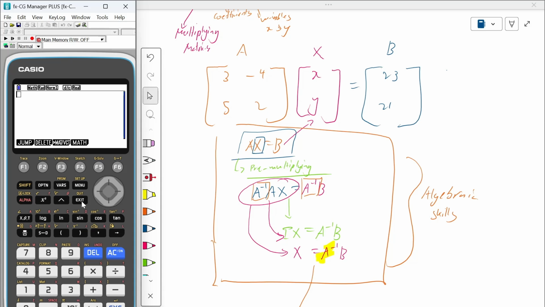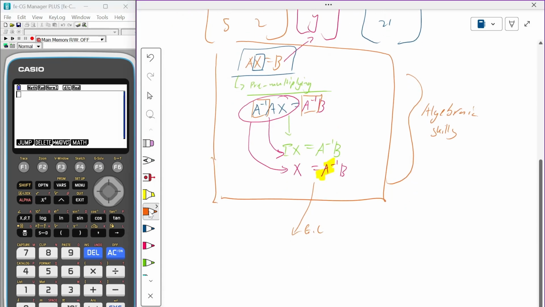Okay, great. Using the graphics calculator, all you're going to be doing is pressing options, and you want to go to matrix / vector here, and you want to put a bracket, then use F1 to press matrix, then alpha, so we can use A, because we put the matrix in the A slot.